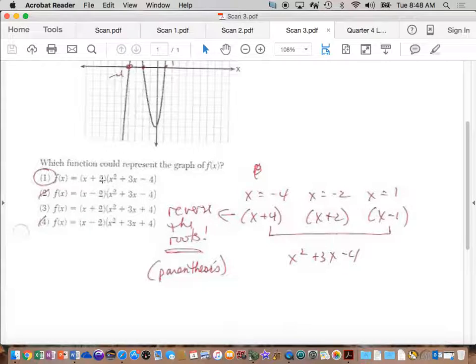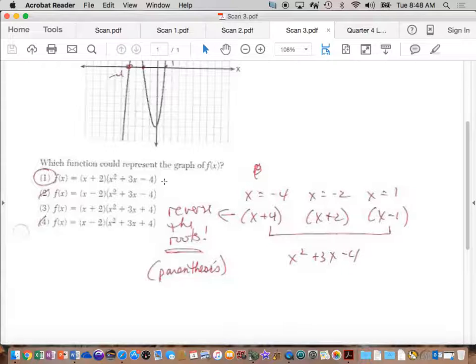So I look over here and I notice that these two choices do not have an x plus 2 anywhere in them, so I get rid of those two. So it's either 1 or 3. Then I multiply, because the x plus 2 is already on the outside there, I multiply x plus 4 times x minus 1, I get x squared plus 3x minus 4, and it has to be choice 1.